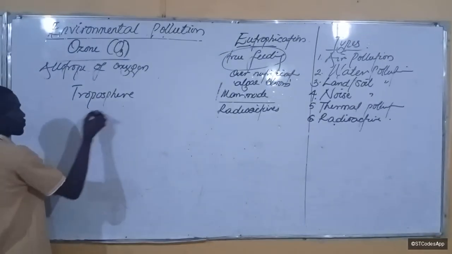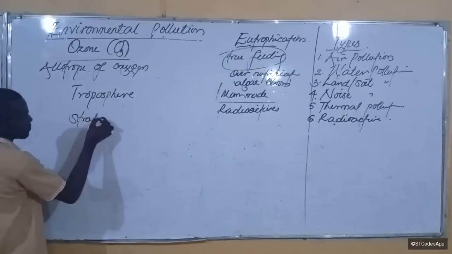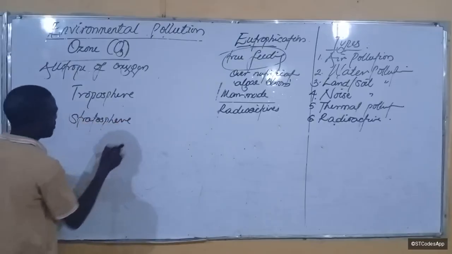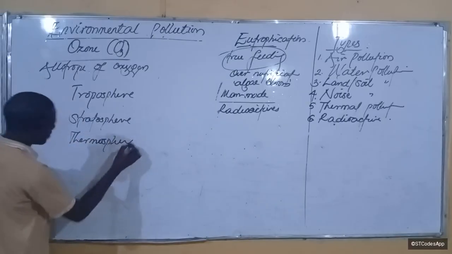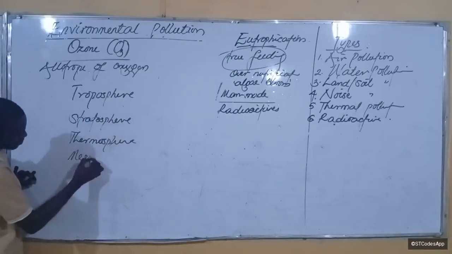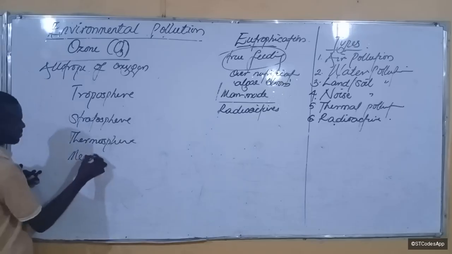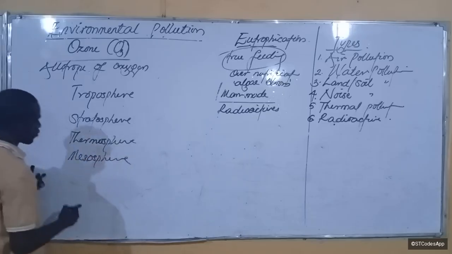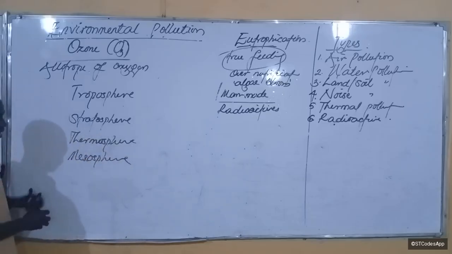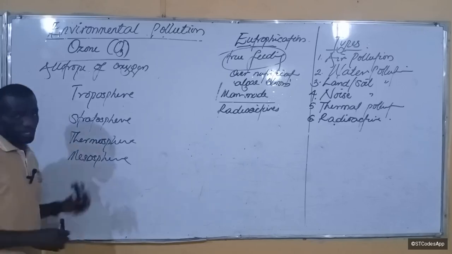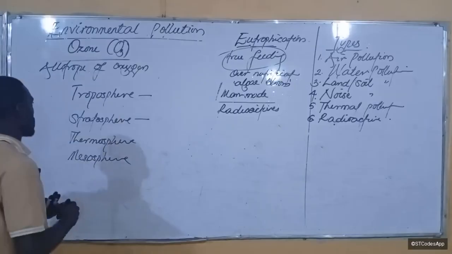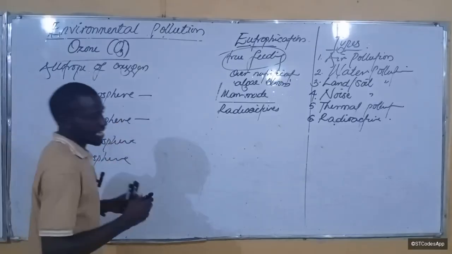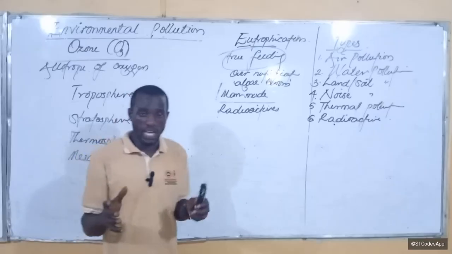So we have the troposphere, the stratosphere, the thermosphere, then the mesosphere. I can't remember the rest, but these two are the ones that are of consequence to what I'm talking about.